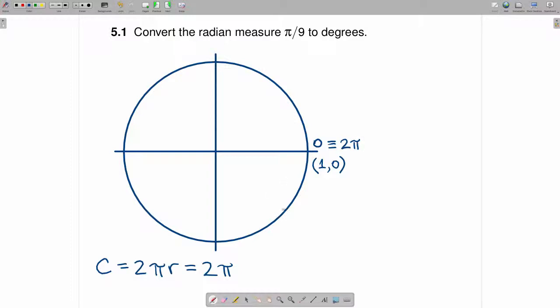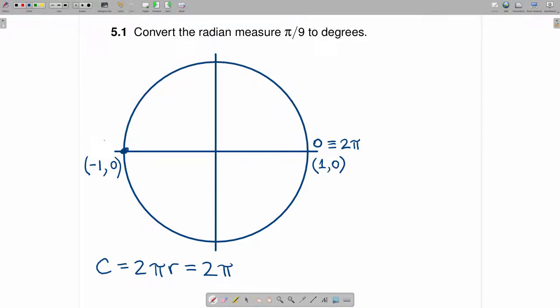Which means that if you come halfway around, to this point right here, the point (-1, 0), that point right there corresponds to a radian measure, right? If you're starting here at 0, and if it's 2 pi all the way around, then it's going to be pi to get to there.